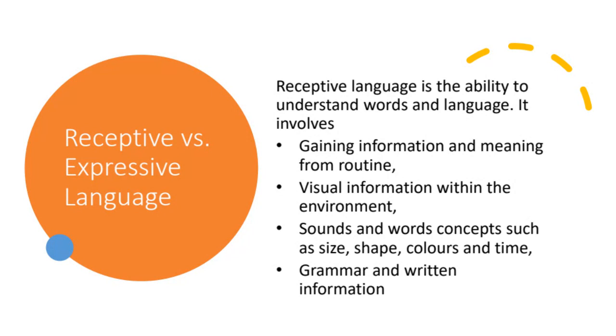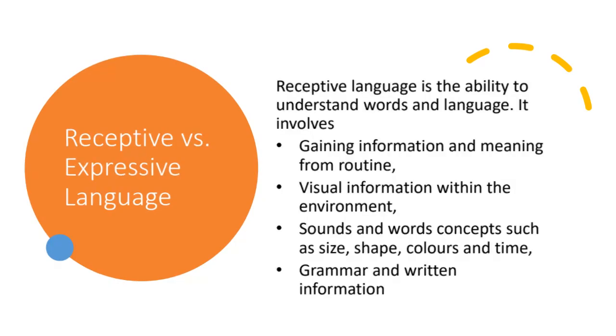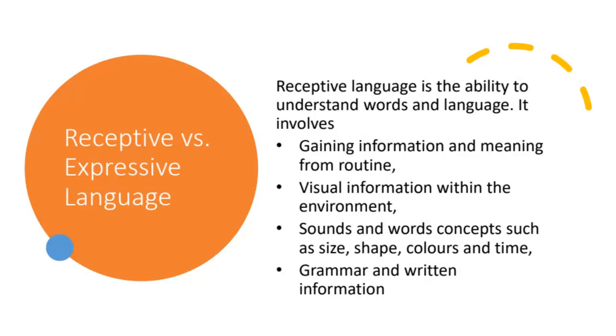So if we finished our breakfast, we kind of know that the routine next is, we get dressed or do something that we do on a regular basis. Receptive language is also that visual information. So, if we see a stop sign, it's time to stop. Receptive language are those sounds and words, what size, shape, color, and then the grammar and the written information that we see on a daily basis.